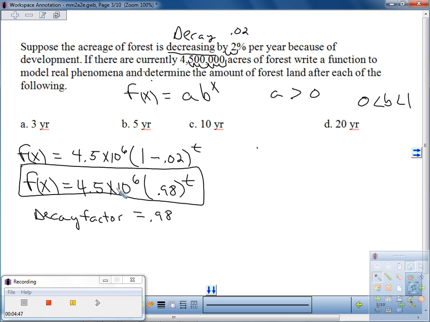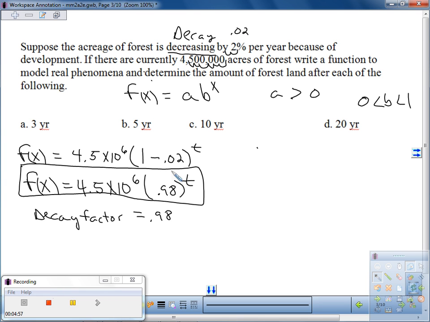Now we really didn't have to put this in scientific notation, but it makes it easier to carry that. So we came up with our model. That means for any year that we put, for however many years, we can get a good estimate or a good idea of what's going on with the population of the forest.